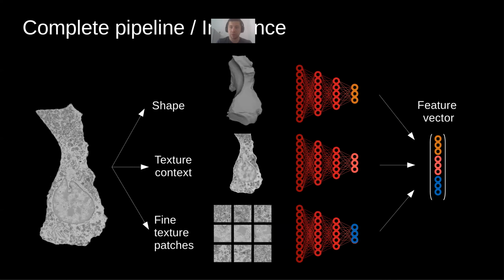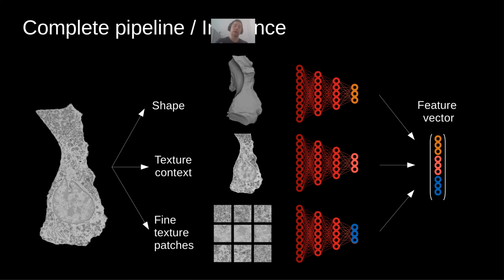But how does the complete pipeline look like, especially at inference stage? So, for example, when we want to process all of the cells of the animal, we sample each cell, extract its shape, its texture context, which is a large chunk of the cell, but in a more downsampled, coarse resolution representation.